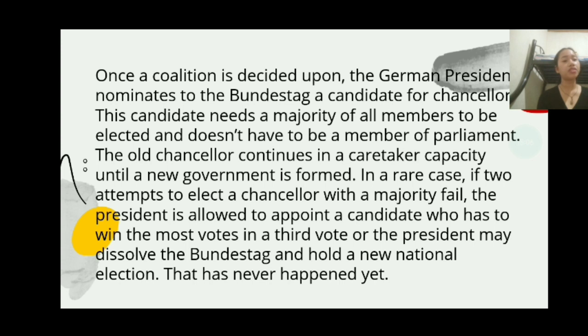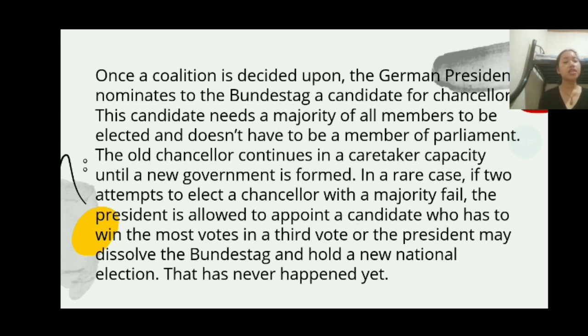This candidate needs a majority of all members to be elected and doesn't have to be a member of parliament. The old chancellor, however, continues in a caretaker capacity until a new government is formed.